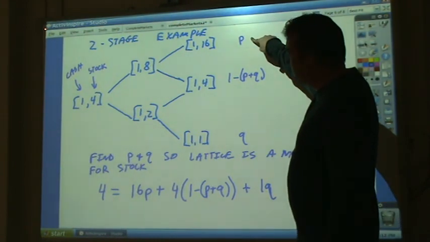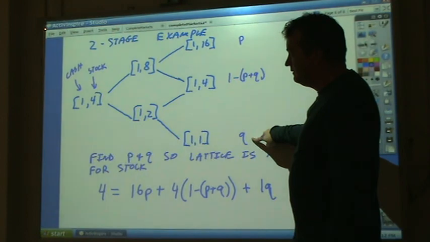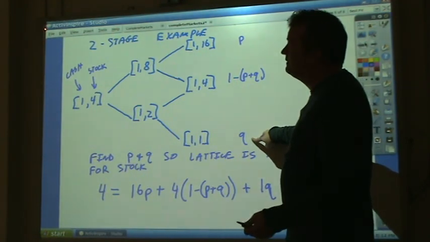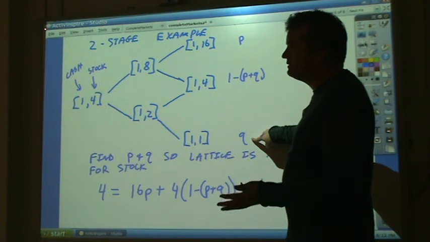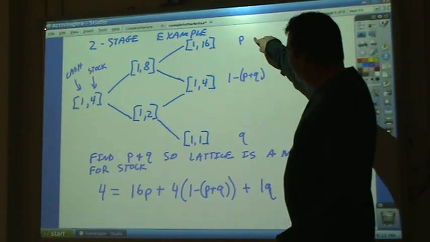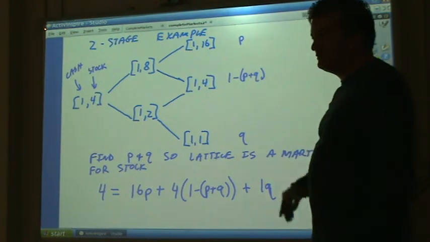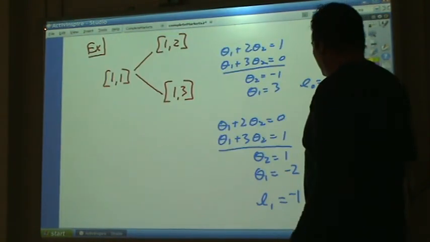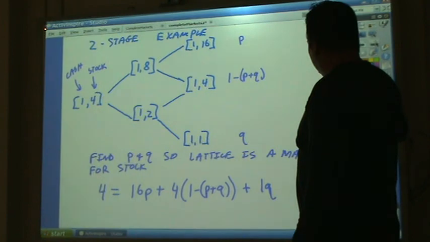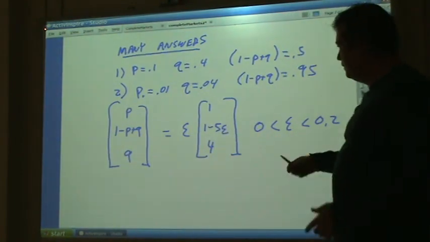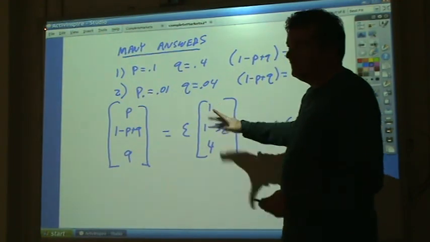But this couldn't be 30% and this be 120%, with this being the remainder. Now we've used up our whole 100%. So that's where this epsilon is coming from. Between 0 and 0.2, any factor multiplying this would work.